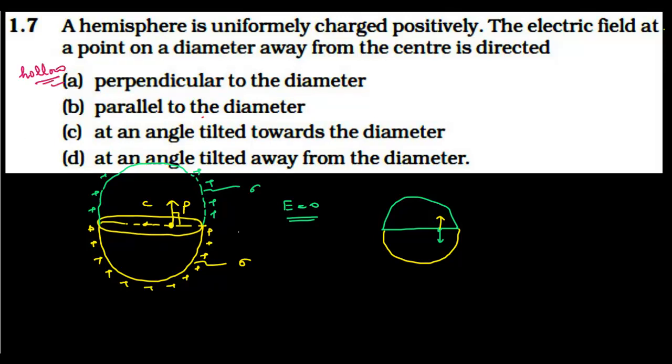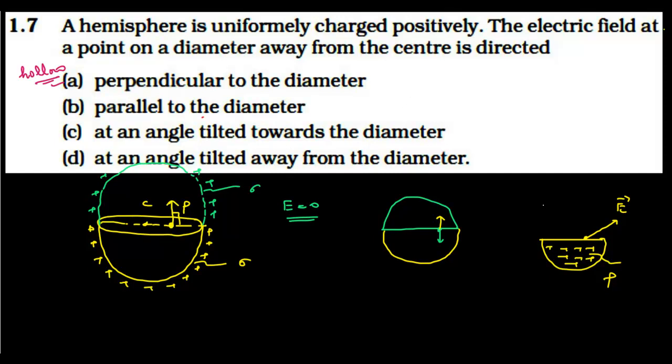Clear? But if we consider the lower part to be a solid hemisphere having a volume charge density rho, and this is uniformly charged, then at any point the direction of electric field is, say, this direction on the diameter. Why is this so?